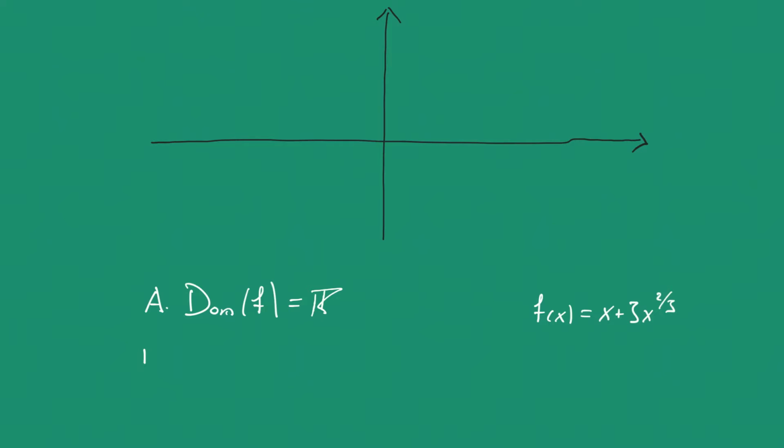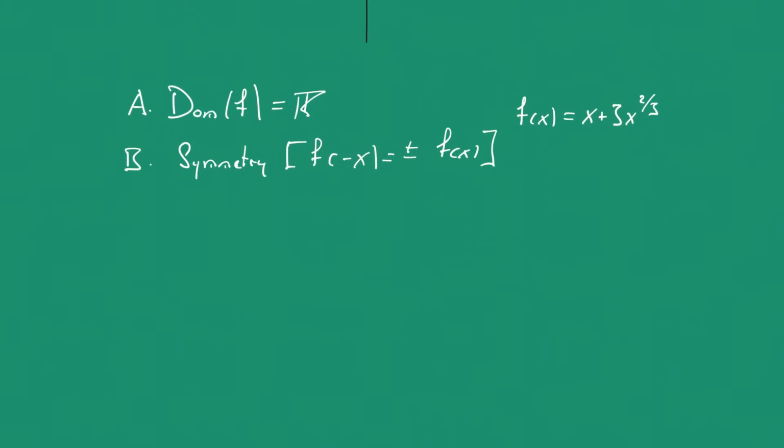All right, next thing that we like to think about is symmetry. This is where we ask, does f(-x) equal either plus or minus f(x)? So we just start evaluating f at -x and see if we can find either plus or minus f(x) in this.